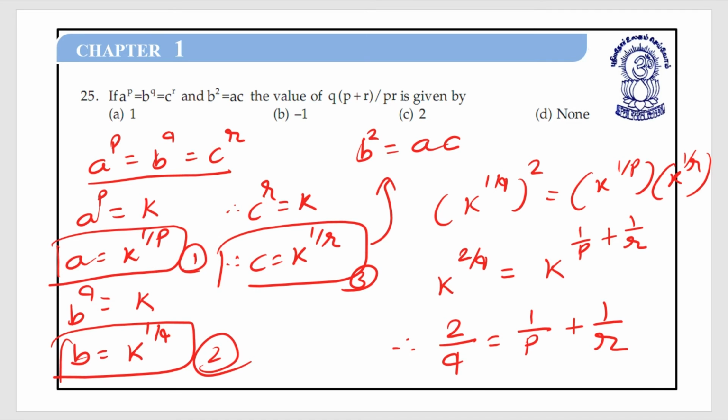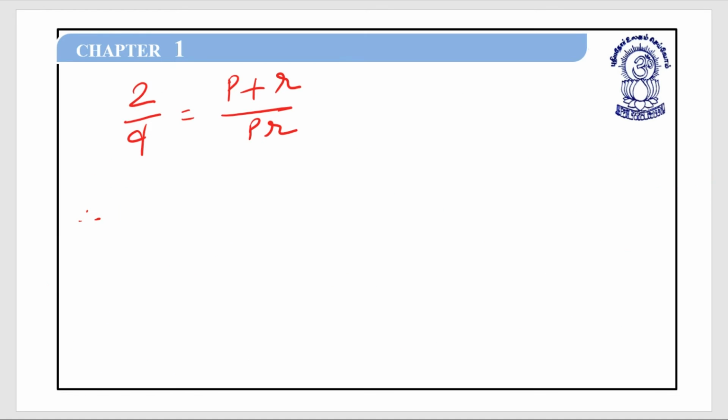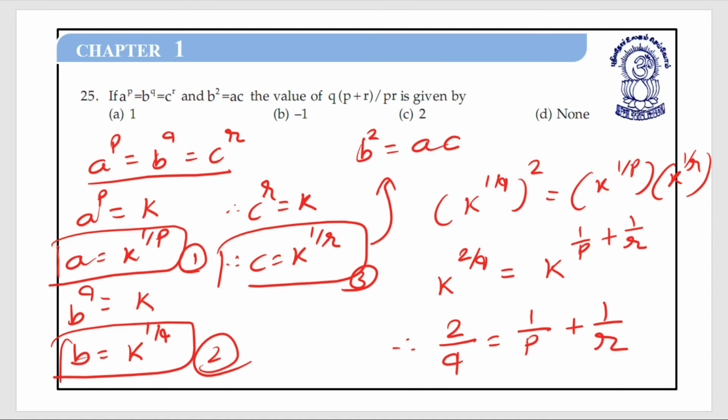Here we require q into (p plus r) upon pr. So multiply q with this, 2 is equal to q into (p plus r) upon pr. So we will get 2. So option C, 2 is the right answer of this question number 25.